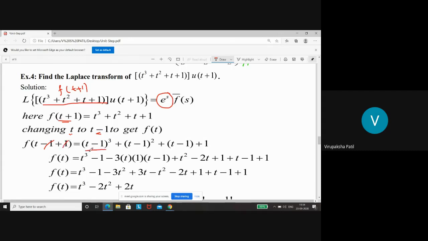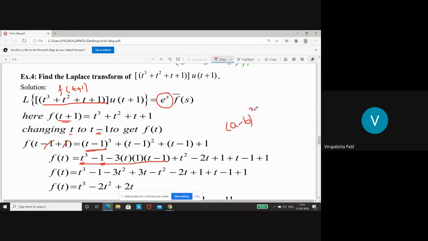Here, for t minus 1 whole cube, how are we going to write it? The formula for a minus b whole cube, I am sorry, not a cube minus b cube.